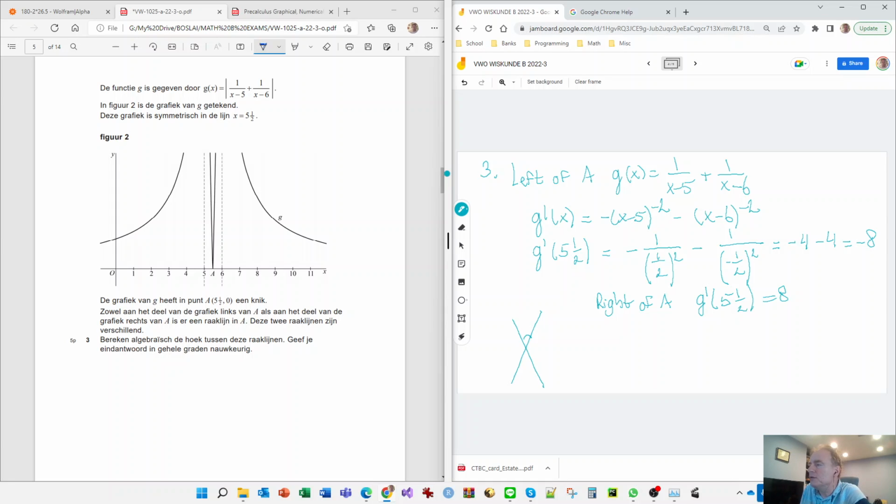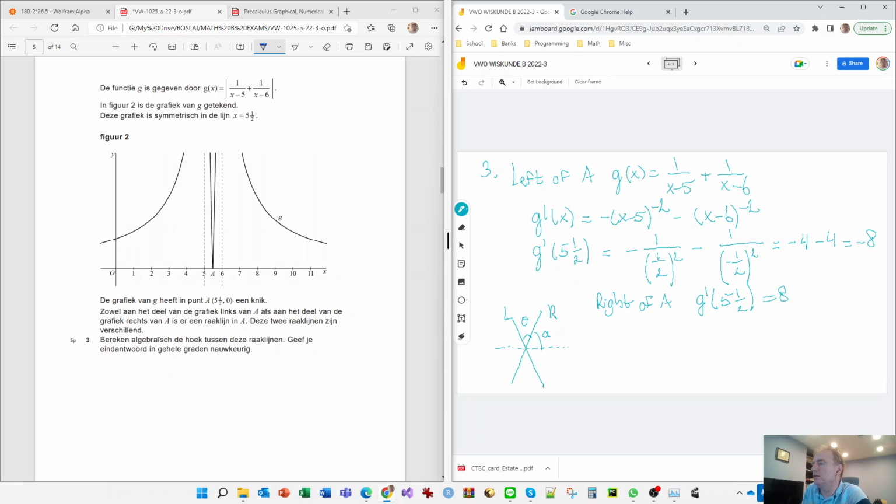Okay, so what does that mean? We know now that the slope is minus 8. So if this is the left line, let's call it L, and this is R, we know now what this slope is. Let's call this angle alpha, and the one that we need to obtain is theta.